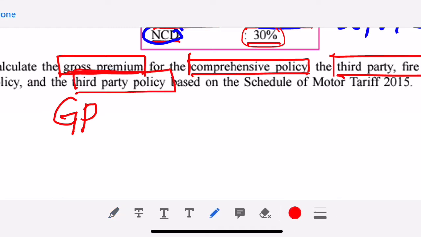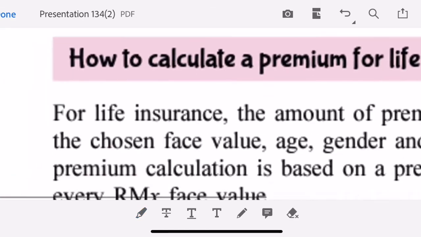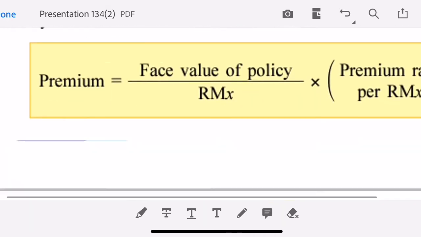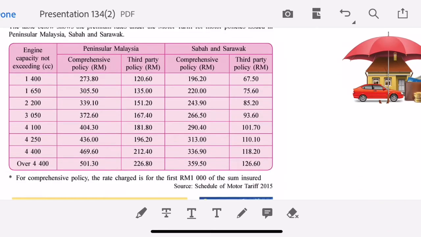All right, so based on the schedule given, we have to refer to the Motor Tariff 2015 schedule. So now let's see how to calculate the premium for motor insurance. We have to refer to the table.